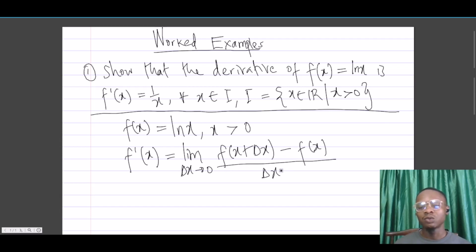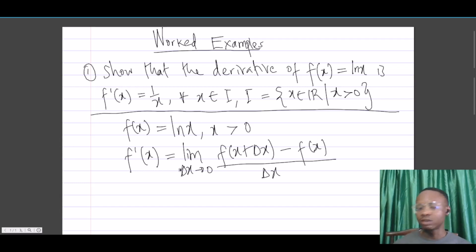So basically, this is what we want to do. We want to find out what this limit will be, or in other words, establish that indeed this limit is going to be 1 over x, because in this case, delta x is the variable. It is delta x that is approaching 0, not x. So x will be in our final result anyway. That is, our final result will possibly be a function that depends on x.